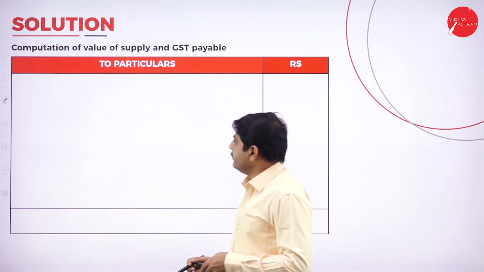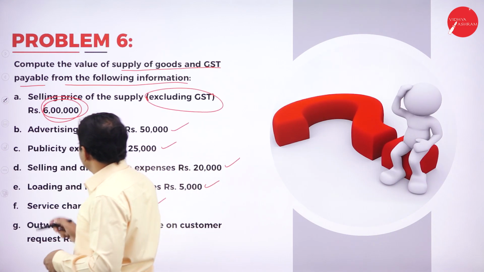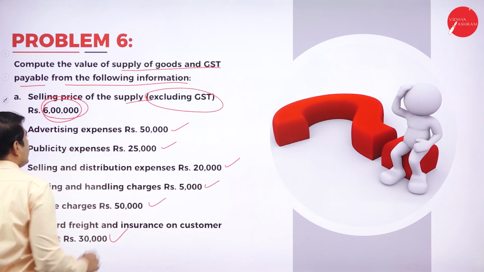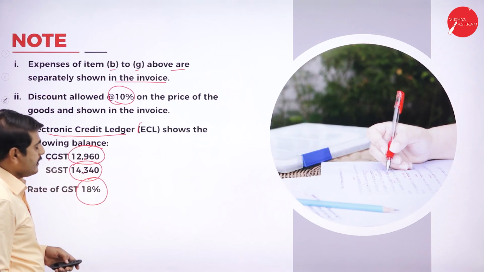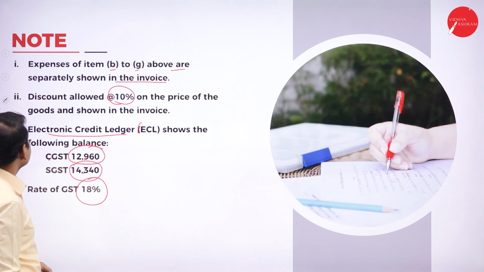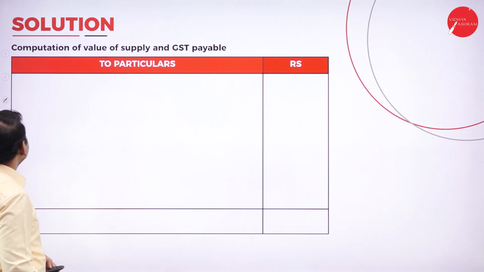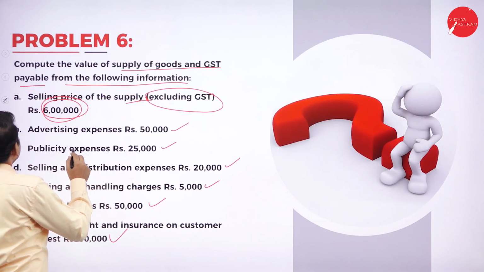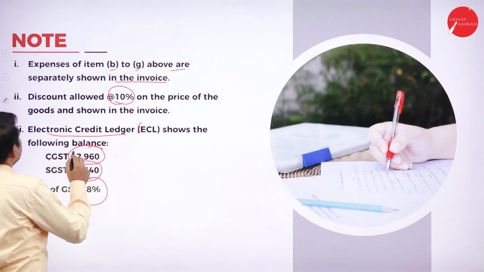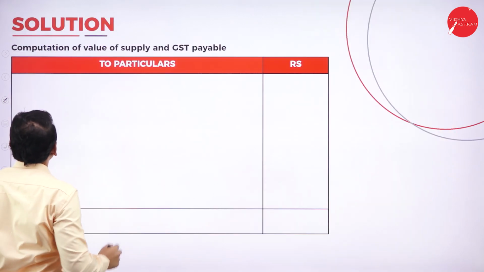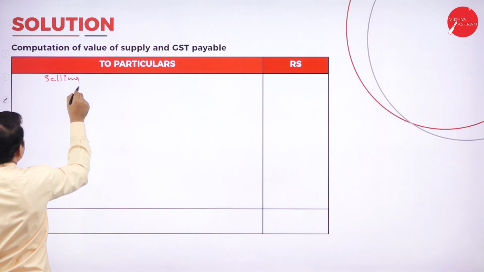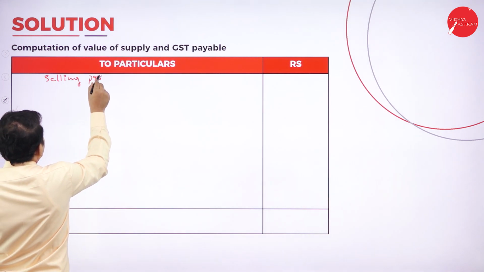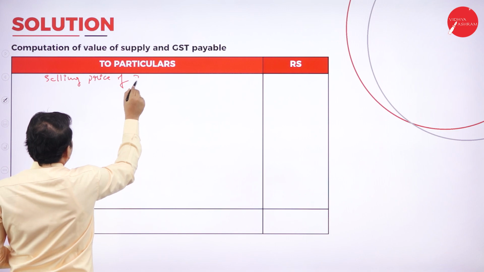Let's start the problem. First one, selling price of supply excluding GST. He has given excluding GST, so I add all the other items. First one, selling price of supply.